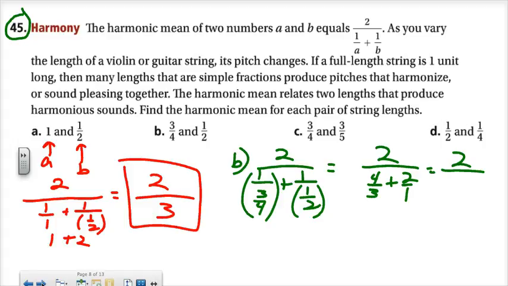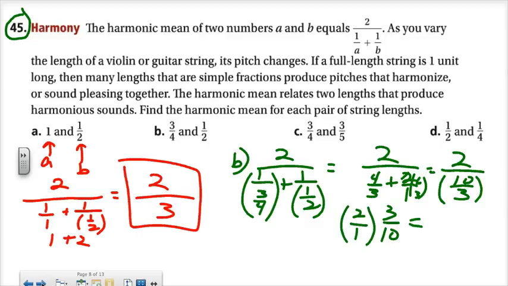So 2 would be the same thing as 6/3, and we would have 4/3 plus 6/3, which would be 10/3, and then we'd go ahead and multiply by the reciprocal, and you can do a little cross reducing here, and get 3/5 for B.